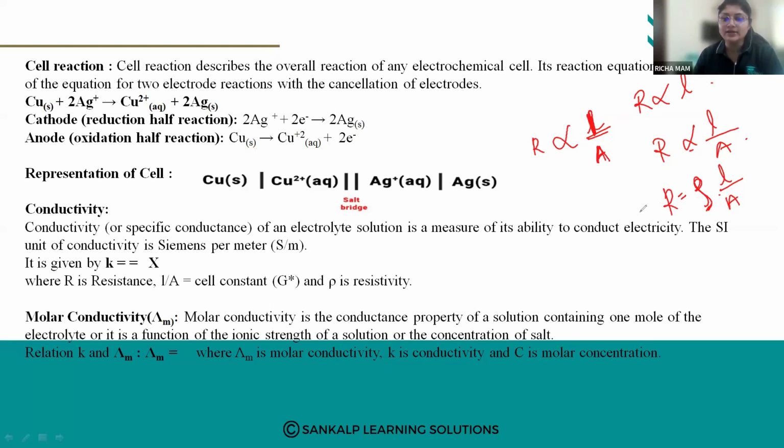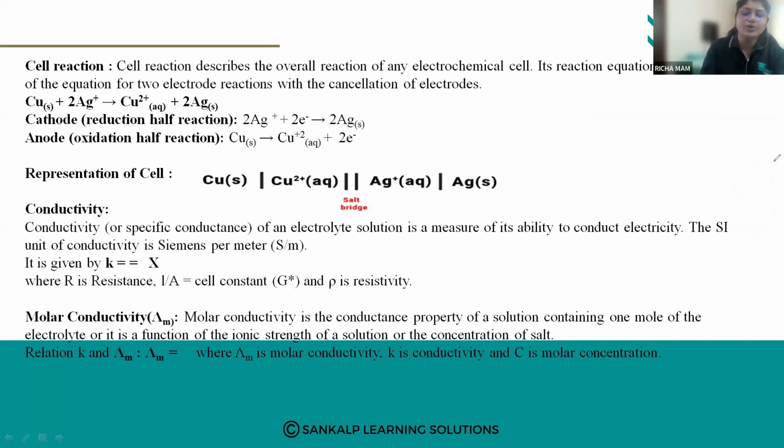What do you mean by resistivity? The resistivity of a substance whose length is 1 meter and having a cross-sectional area of 1 meter square. The SI unit of resistivity is ohm meter. These are some of the important terms.